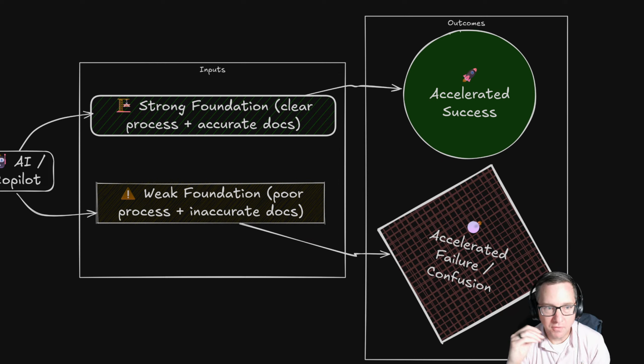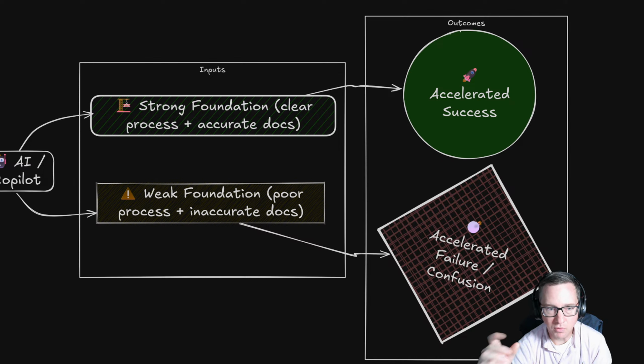But the basics, the fundamentals, how work gets done, how you break down the individual problems, that matters so much more. So I think if you look at some of the success criteria with organizations that are implementing large language models and generative AI into their processes, those that have strong fundamentals or a strong foundation, clear process, accurate documents, or strong methodologies and mechanisms, you're going to accelerate success in a way that I don't think I've ever seen before.